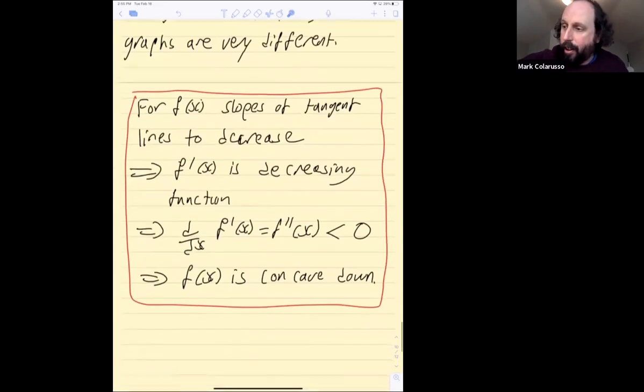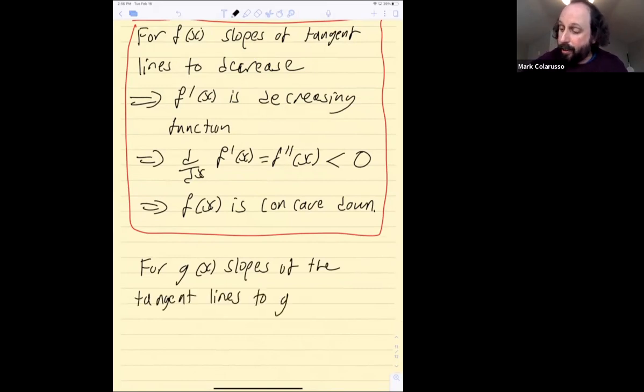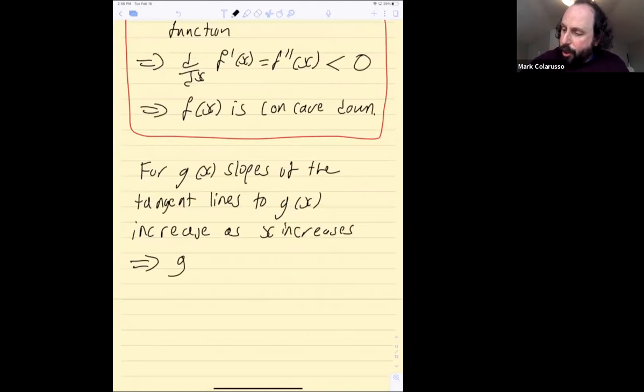So we write that down here. For g at x, the slopes of the tangent lines to g increase as x increases. That implies that g prime of x is an increasing function.